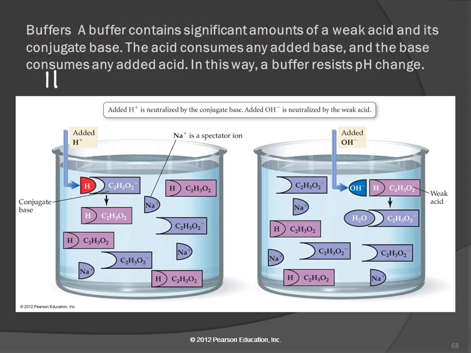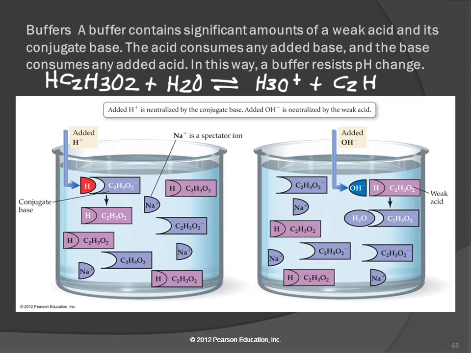So acetic acid, HC2H3O2, in water. It's a weak acid, so it's in equilibrium. It forms H3O+ and C2H3O2-. This is the acid. This is the conjugate base.